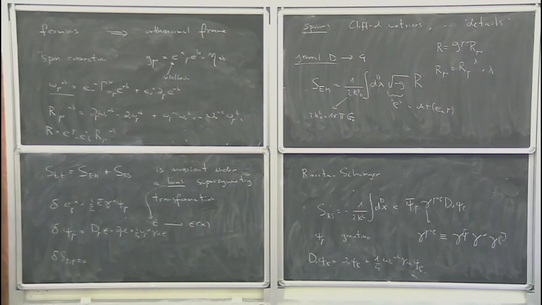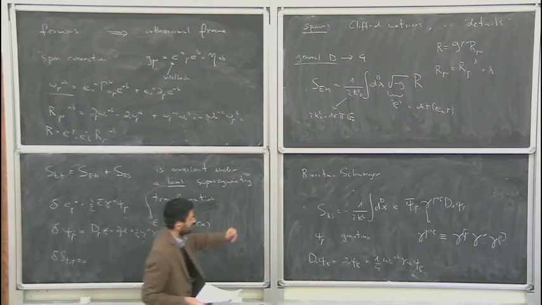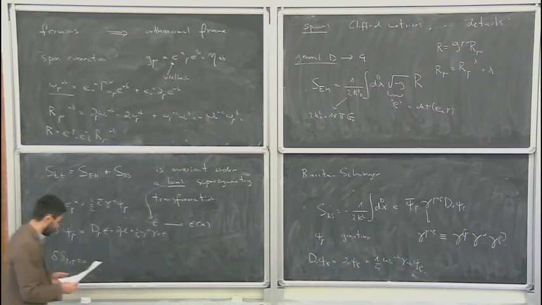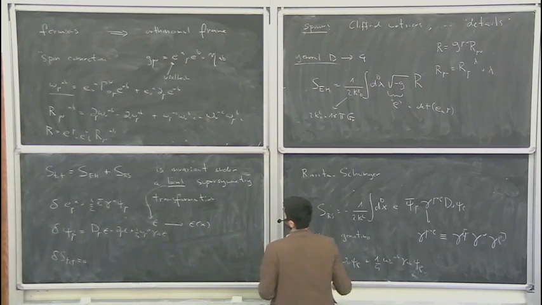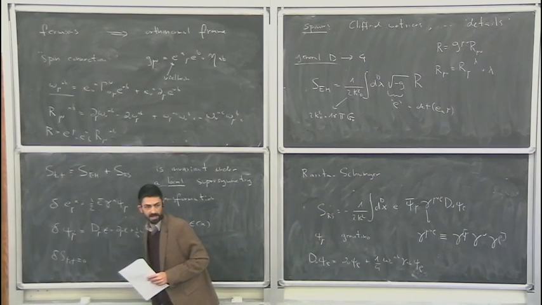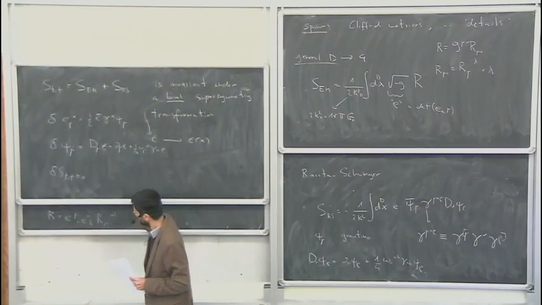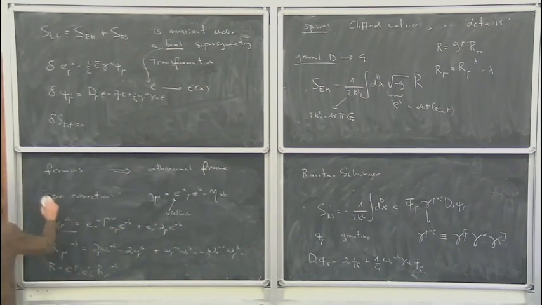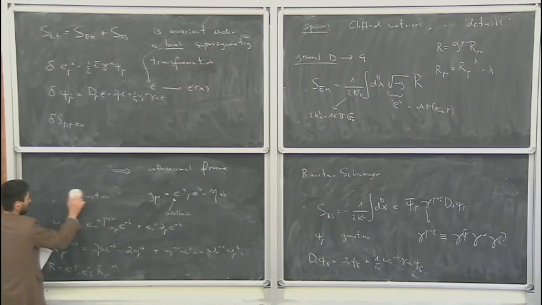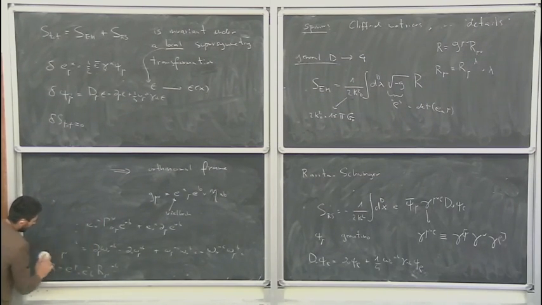So if you do these supersymmetry transformations and plug them in, then you find that the total variation is 0. I could leave that as an exercise, or I could try to embark on a sketch of a proof, which is what I'll do, so that you can maybe fill in the details later on.